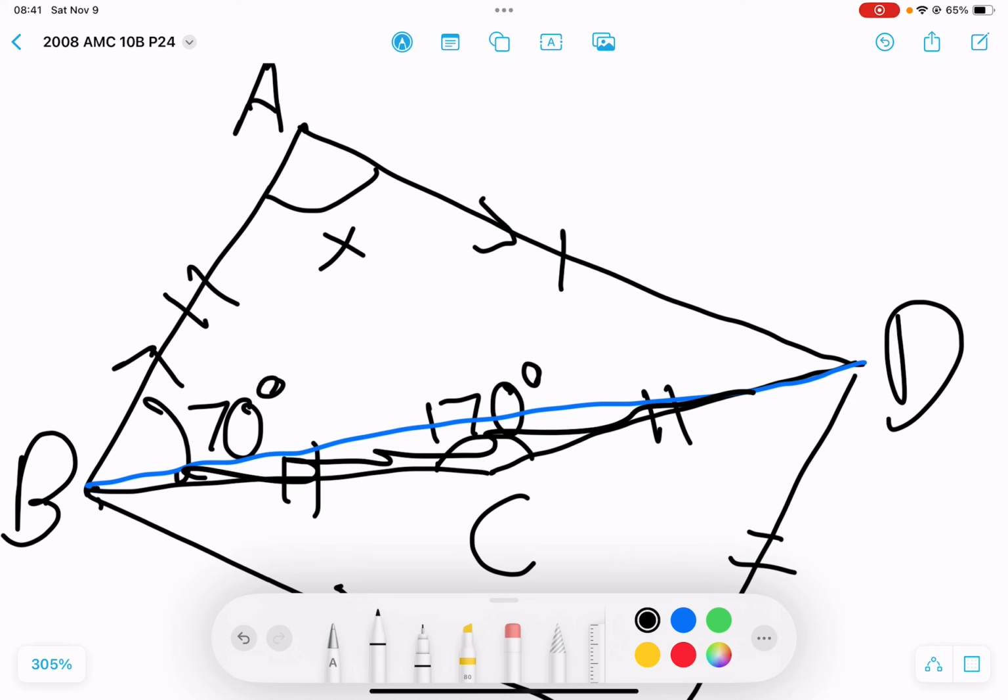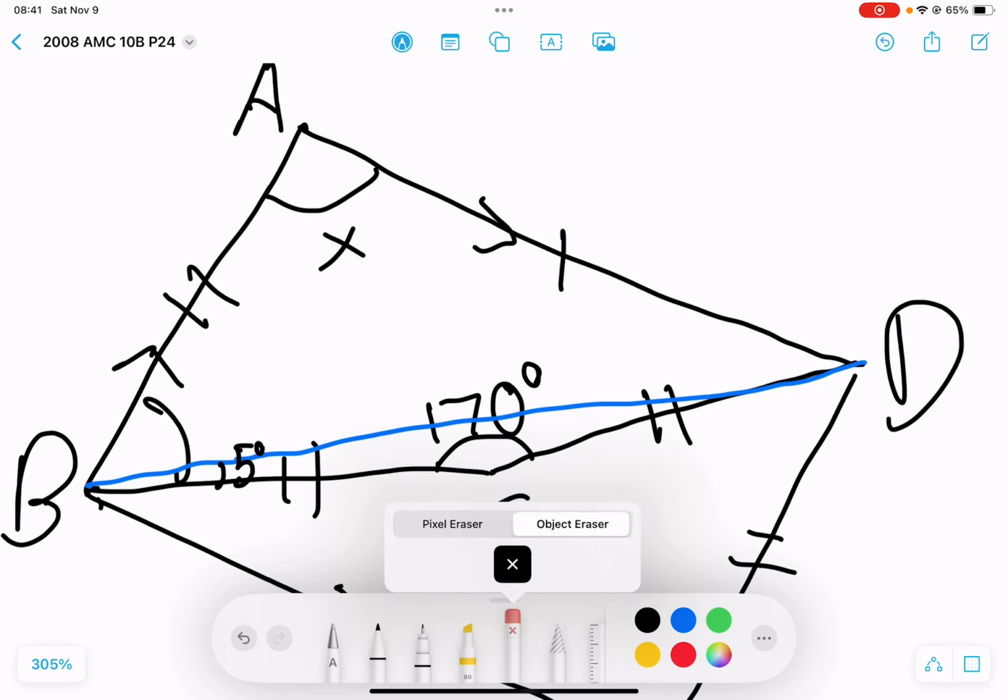In an isosceles triangle, the base angles are equal, so angle CBD equals angle CDB. Since this is 170 degrees, this angle here is 5 degrees, and the other angle is also 5 degrees.